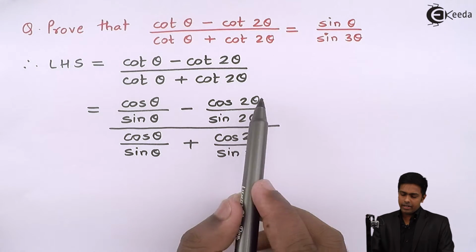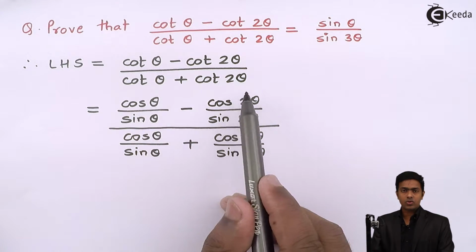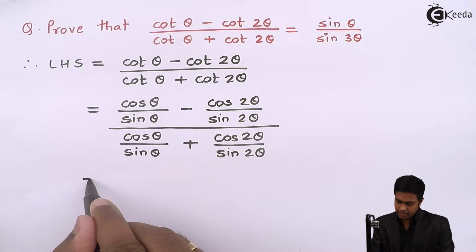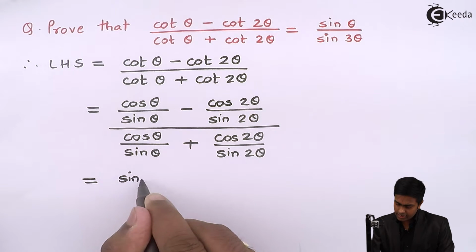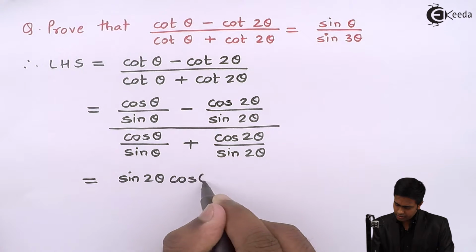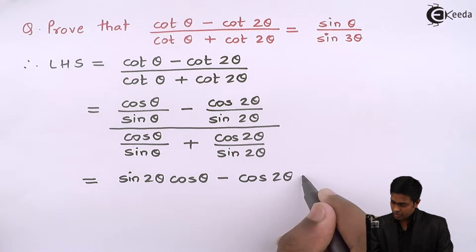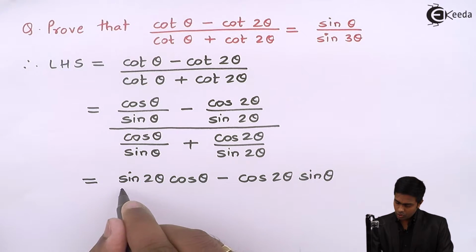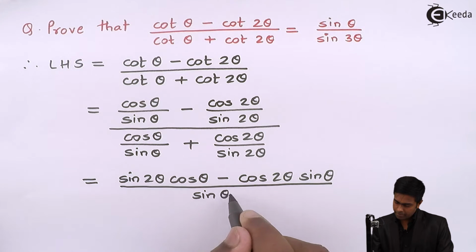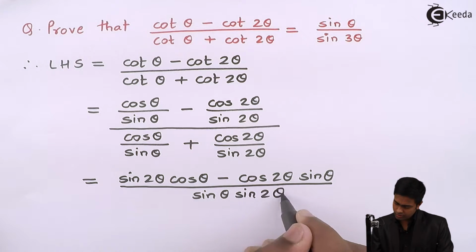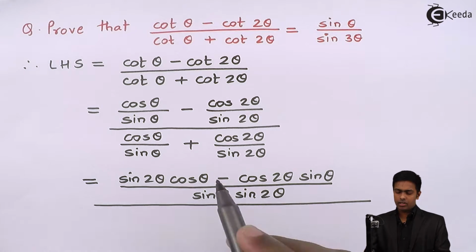So what I'll do is, in the numerator I can take the LCM. So I'll multiply these two terms crosswise, and the denominator. So we will get sin 2 theta into cos theta minus cos 2 theta into sin theta, whole upon sin theta into sin 2 theta, upon, similarly I'll do in the denominator.